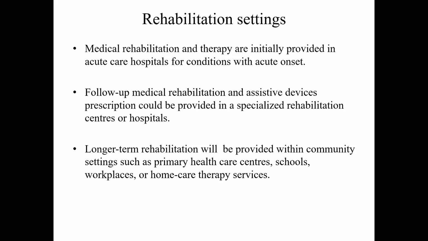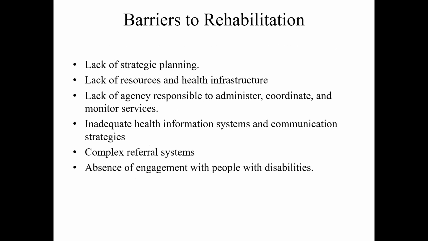All this longer term rehabilitation is taken care of within the community, so that is called community rehabilitation. So this is the rehabilitation setup: we have the acute setup, a follow-up setup, then a long-term rehabilitation setup. Okay, so we'll see what the barriers of this rehabilitation are.